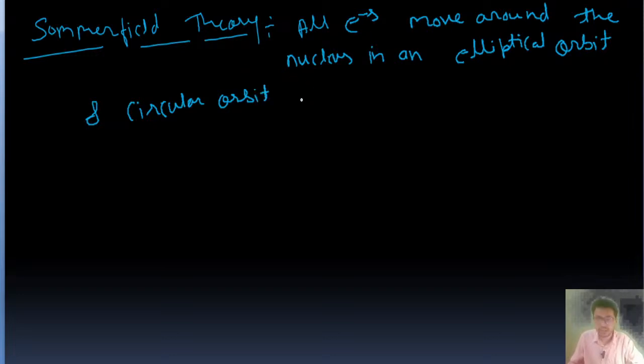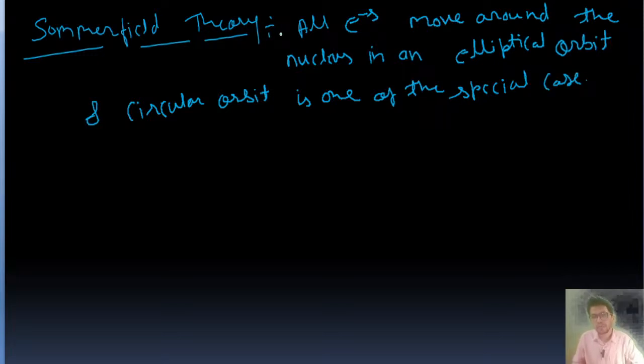is one of the special cases. So according to Sommerfeld, all electrons move around the nucleus in an elliptical path, guys, and circular orbit is one of the special cases.